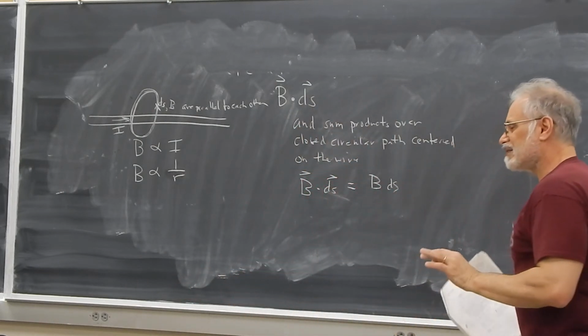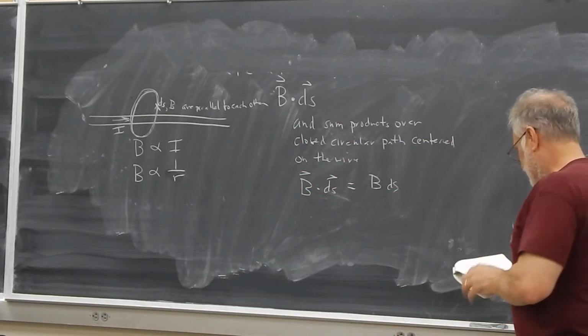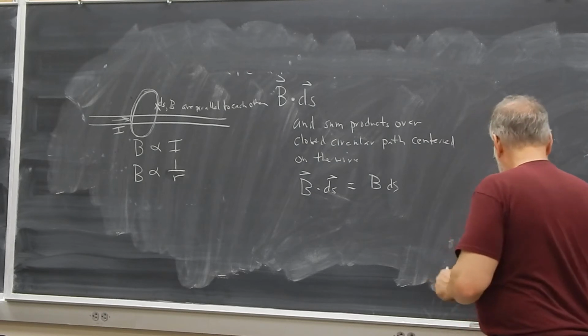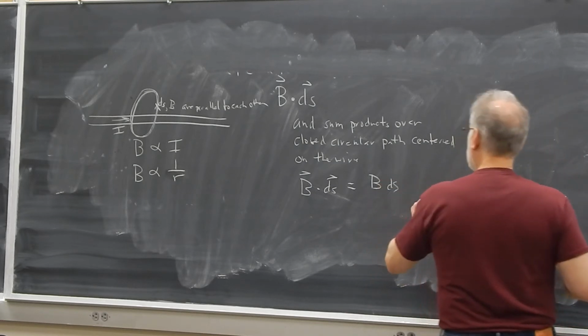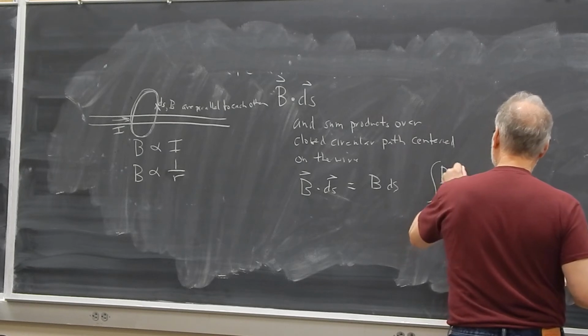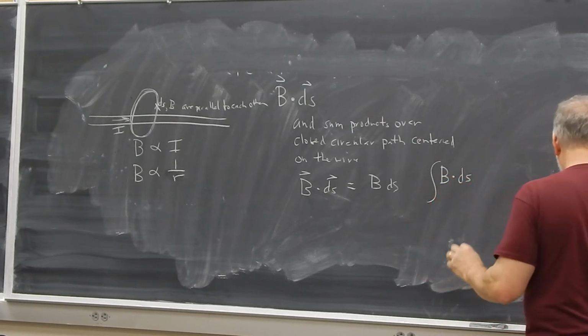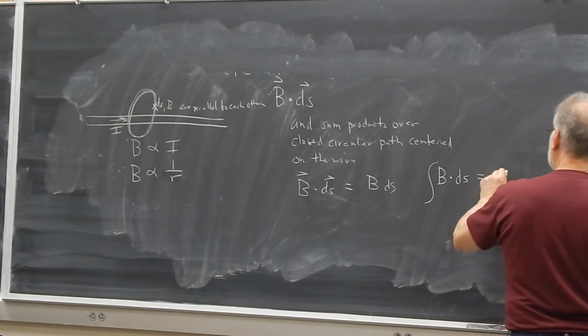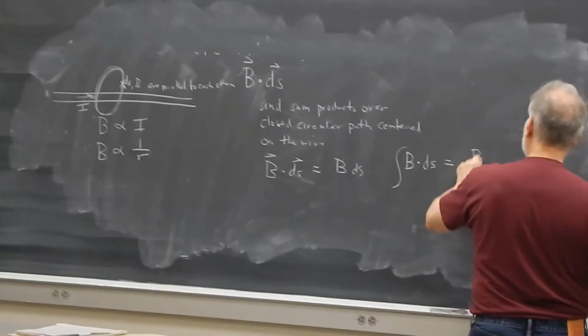This will remind you of kind of the way we operated when we did Gauss's law. So in this case, I can say the integral of B dot ds around the wire is equal to B times the integral.